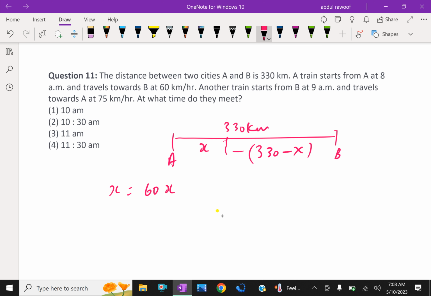Here x equals 60t, at time t hours after starting, it meets the second train.